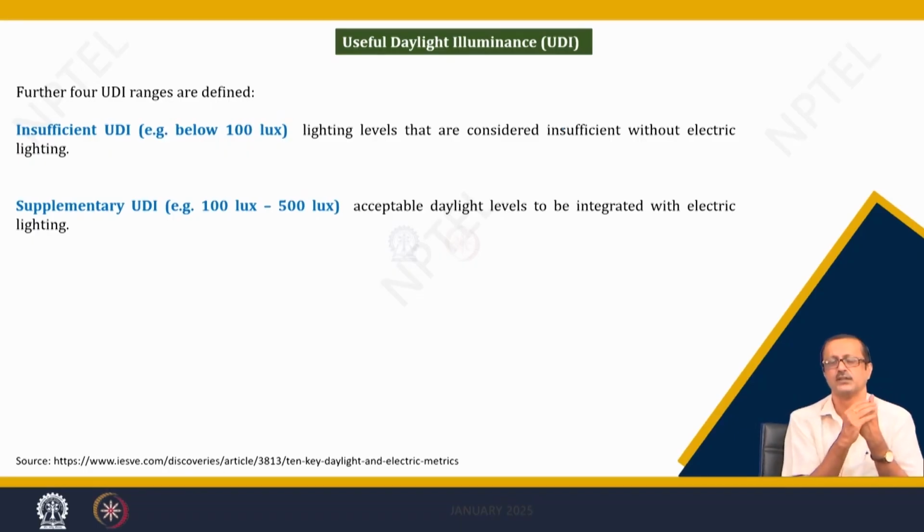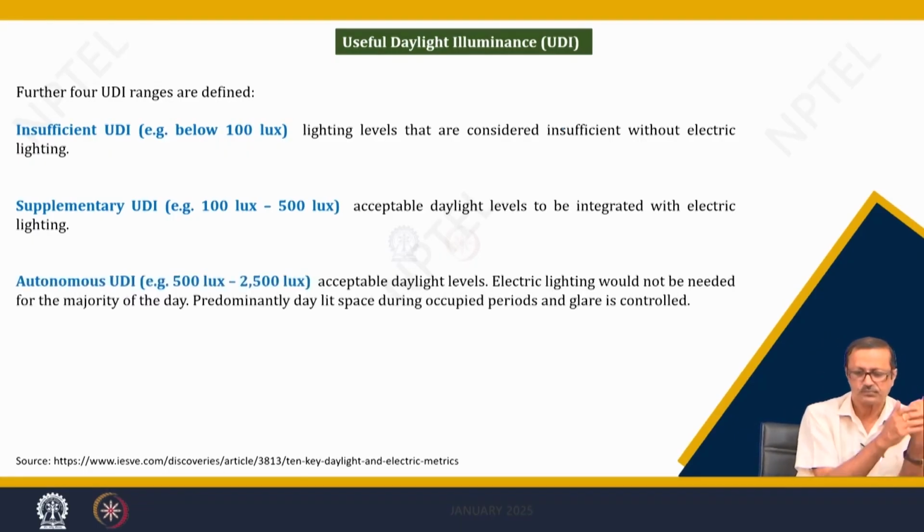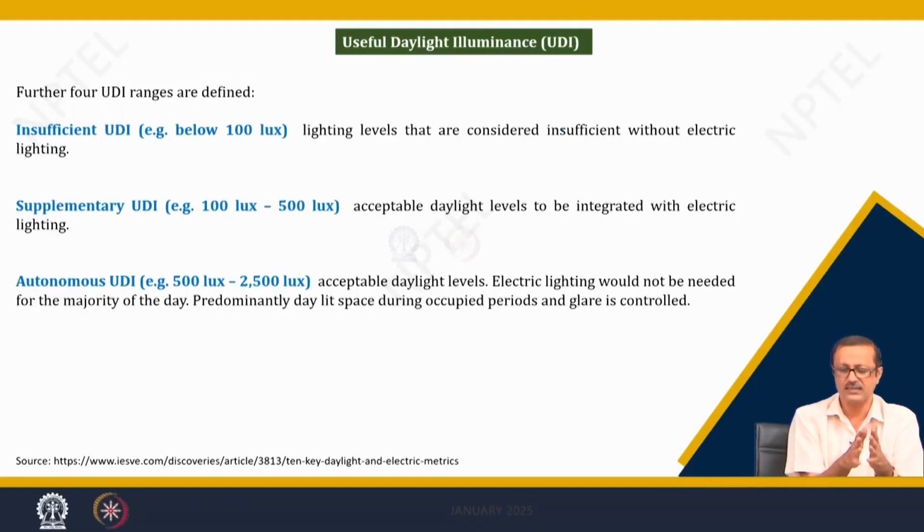The third one is 500 to 2500, the autonomous UDI. So, that is acceptable. In some areas, most of the time it is more than 500. So, it is plenty, more than enough for any kind of work, an acceptable daylight level, because for reading and all these things we require 300, 400 maximum.